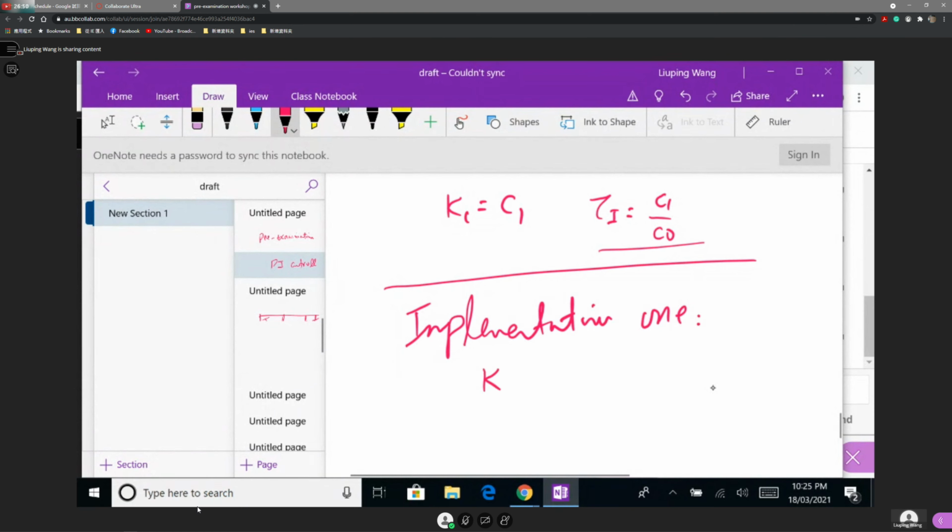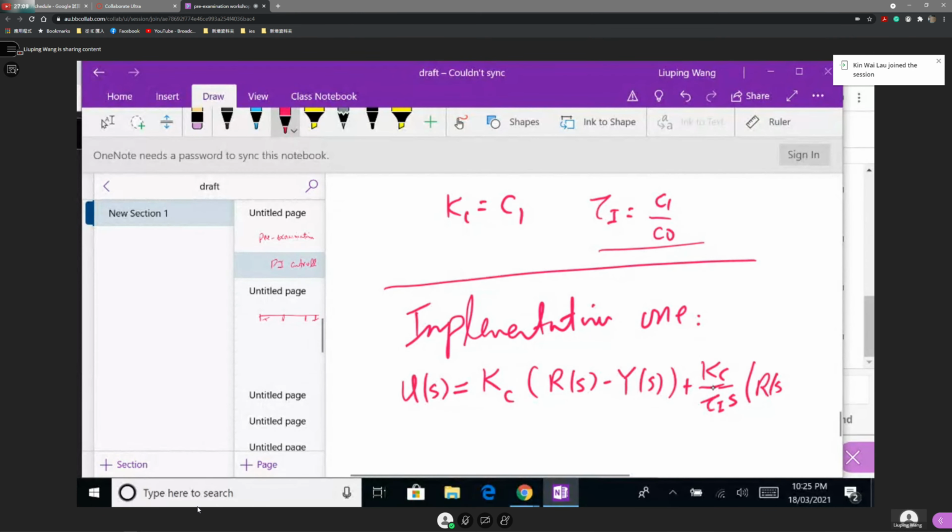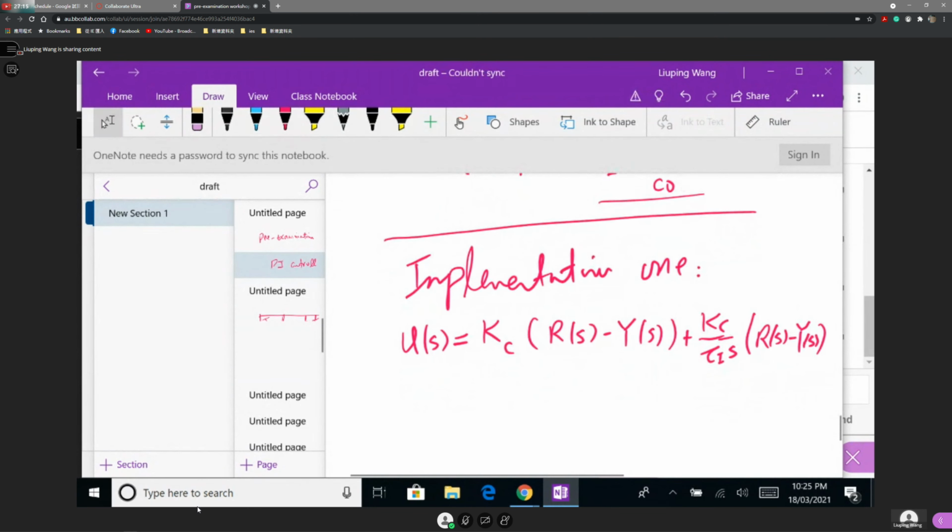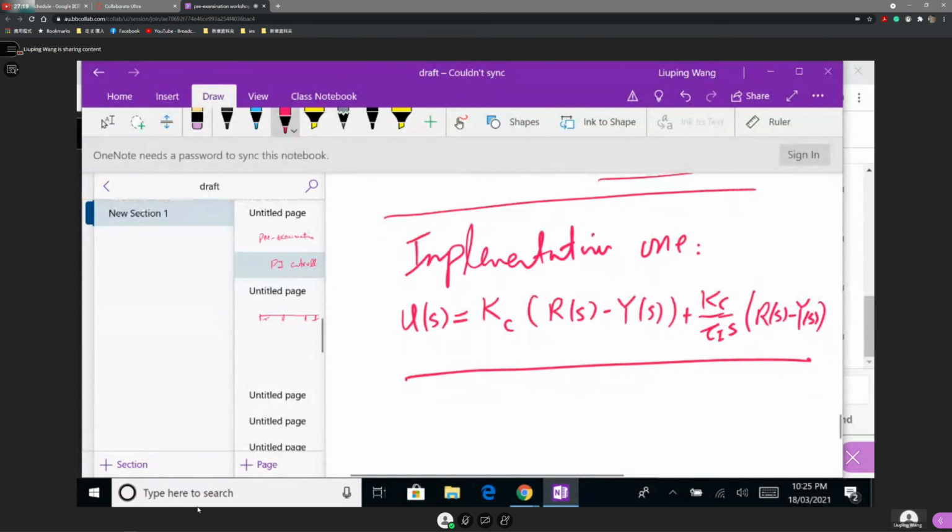So Kc, so U of S, okay, so you got that. All right, so use this. What is my transfer function?